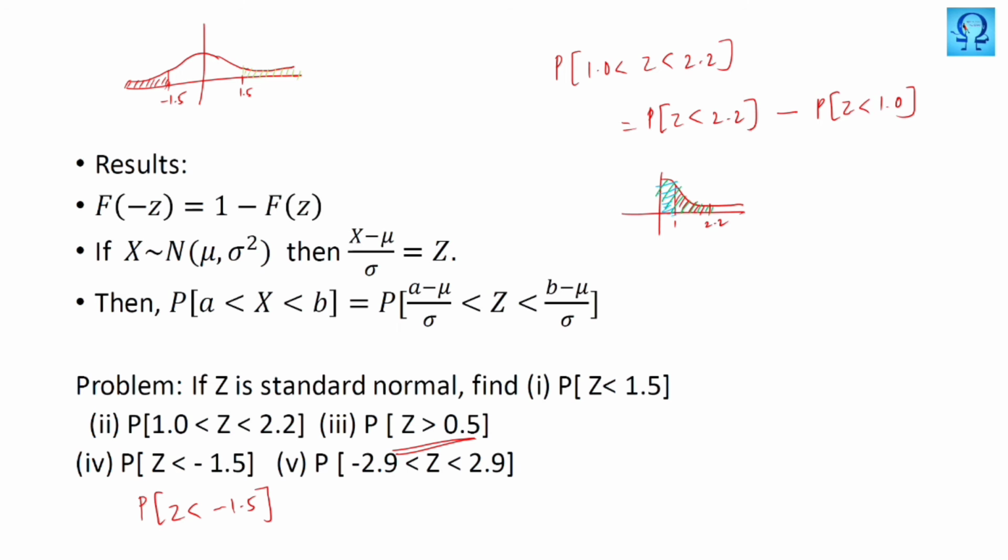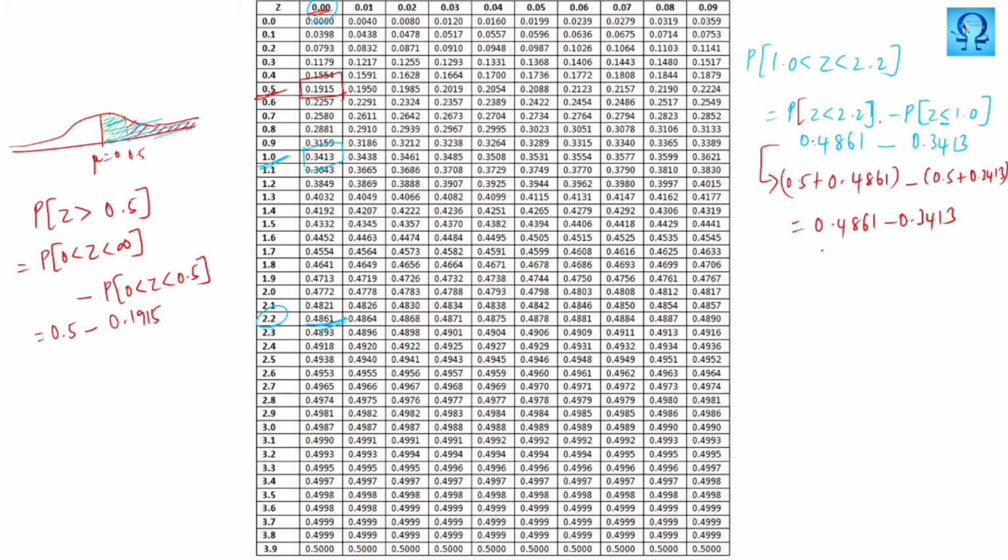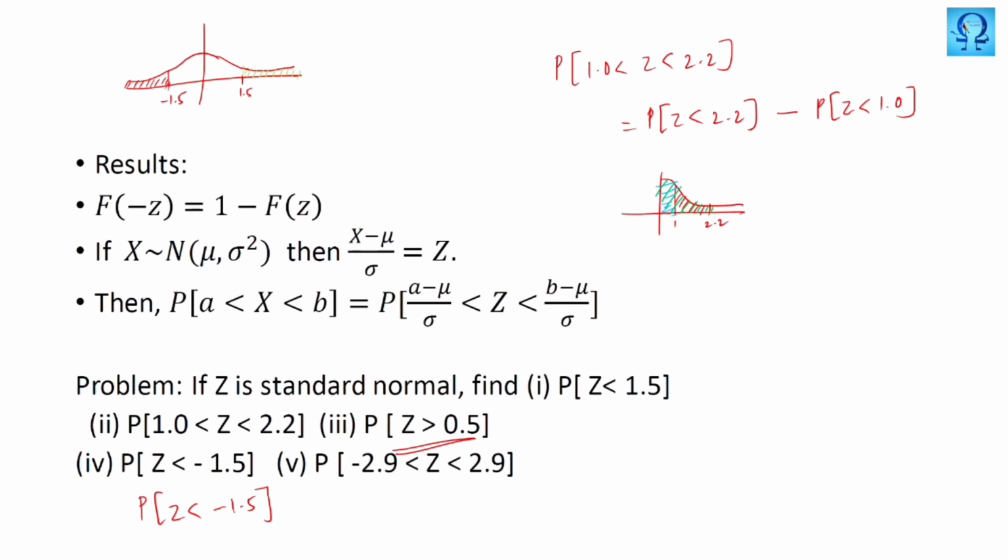Suppose we don't have it, we have only this table. How to read this required probability from this? We know that it is the same as the probability of Z greater than 1.5. How did we achieve it?